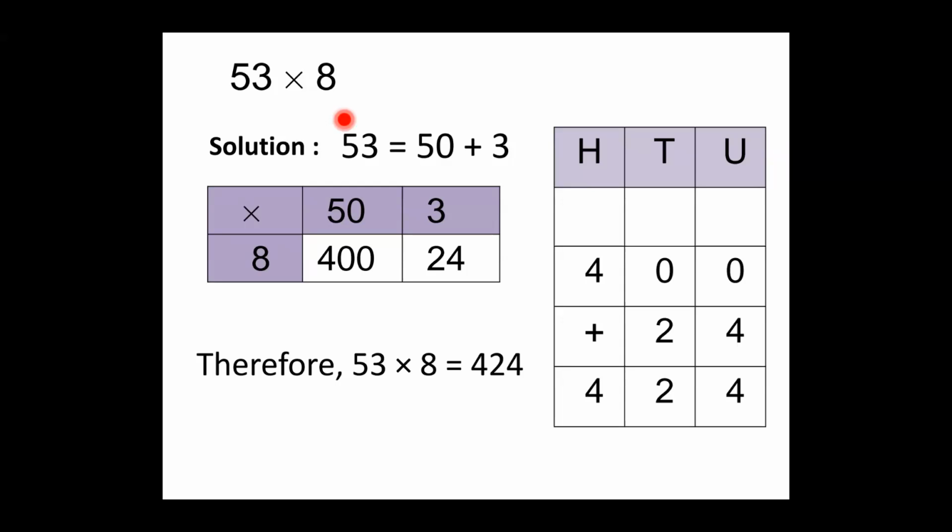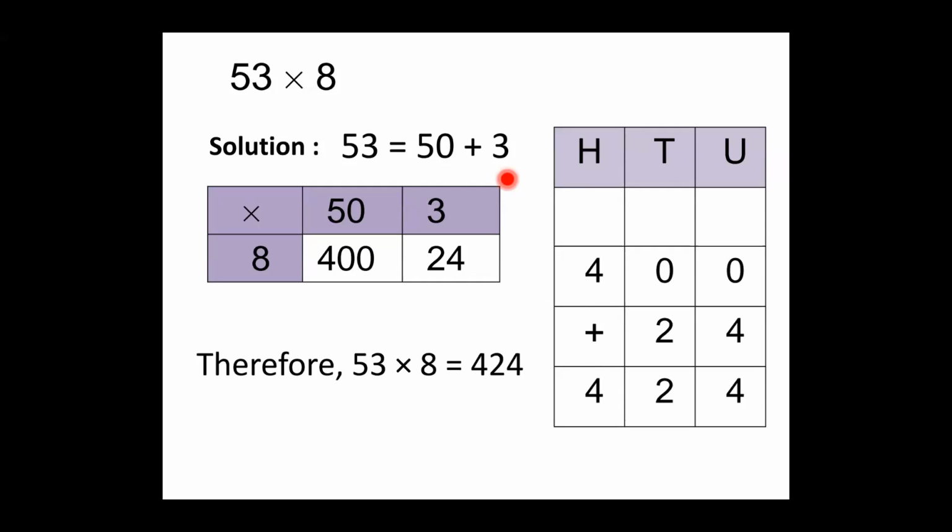Okay. So what we are going to do, the first step for this method is we are going to write the expanded form of 53. So what is the expanded form of 53? 53 is equal to 50 plus 3.